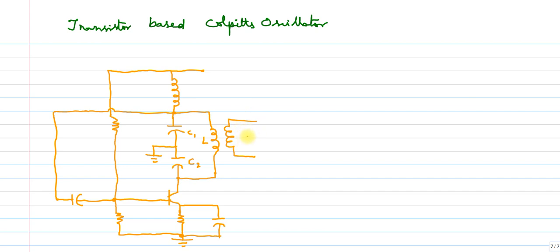From this we can take voltage. The drawing of the diagram is very easy. This part is connected to the transistor's collector, and the transistor is in a voltage divider arrangement with R1 and R2.